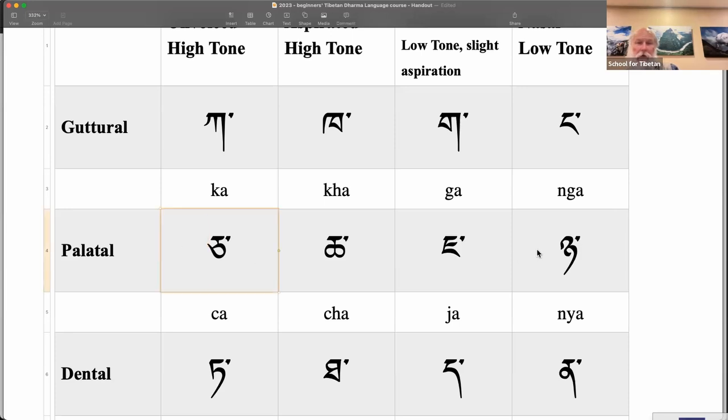Then the second line here is pronounced with a combination of the use of the tongue at the palate. Particularly in this case, the front part of the palate, where it starts to descend from the top dome towards the teeth. And for that reason, they're called palatal.